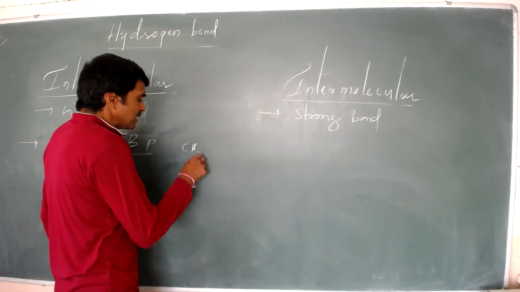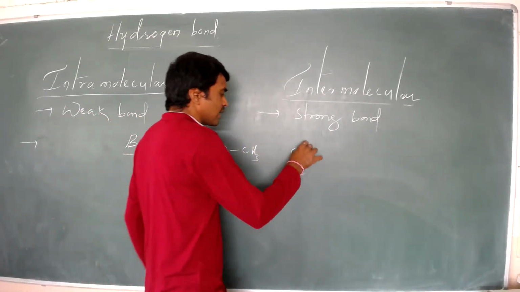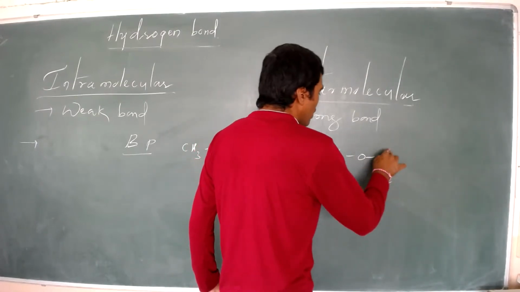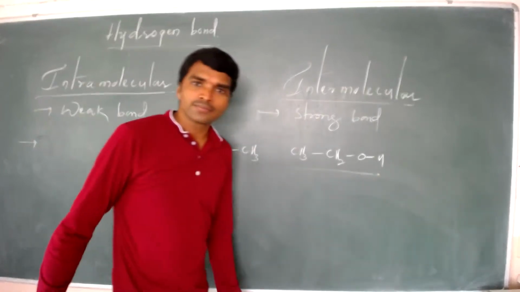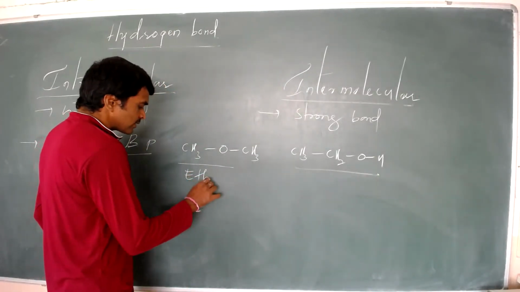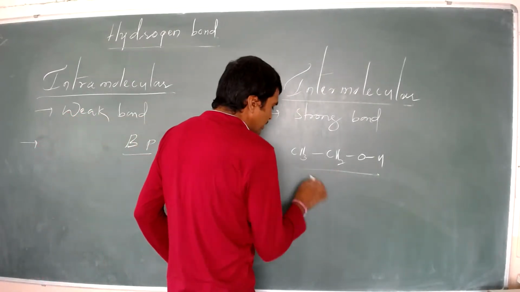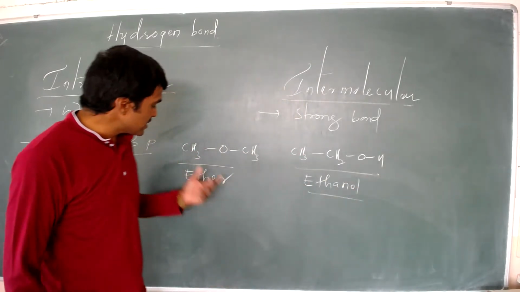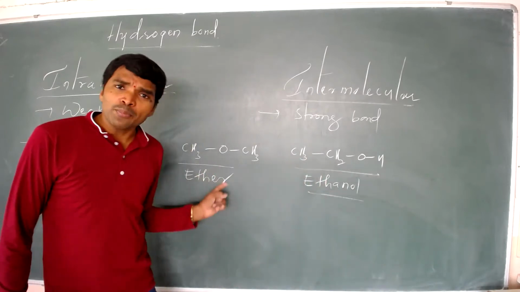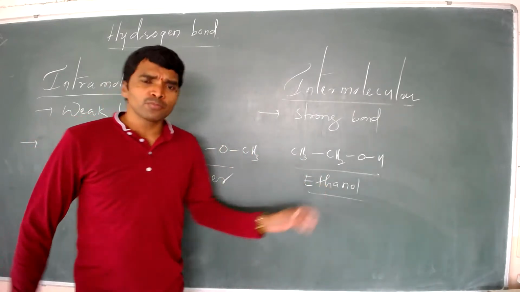Okay. Now see, CH3OCH3 and CH3CH2OH. Here I have taken two molecules. This is ether. This is alcohol, ethanol. The two compounds have the same molecular formula. What is that?